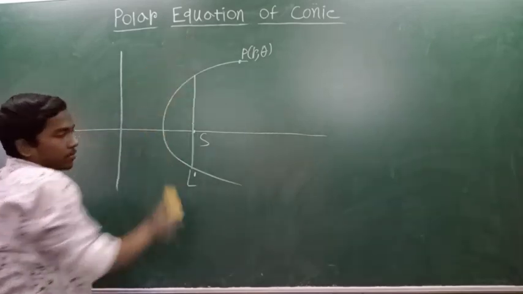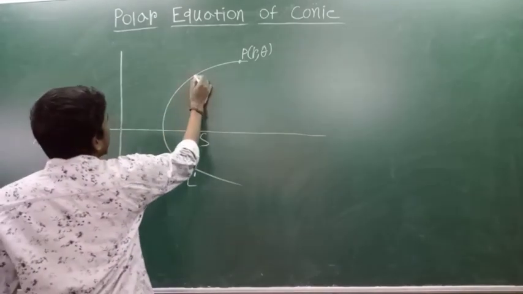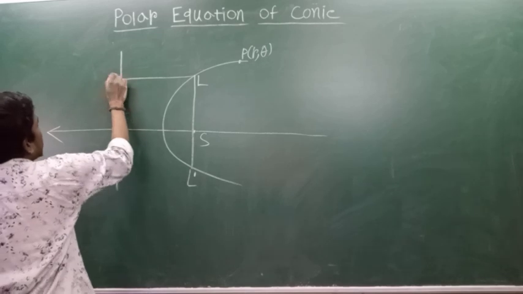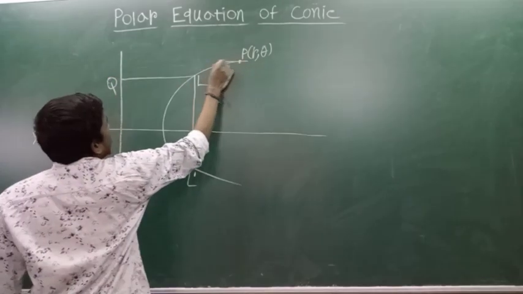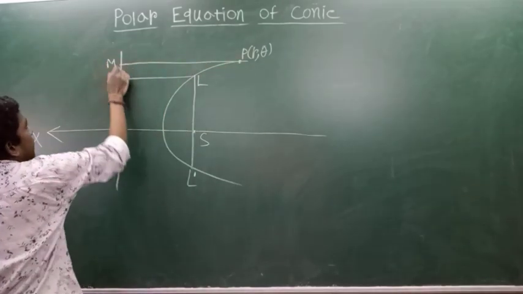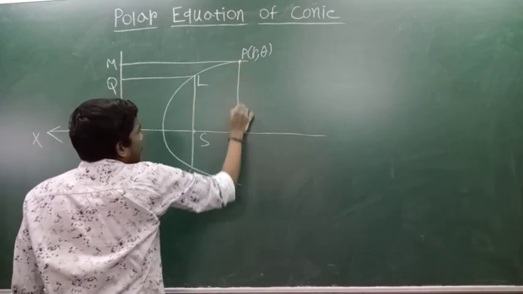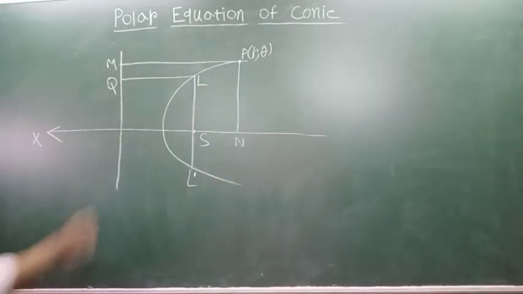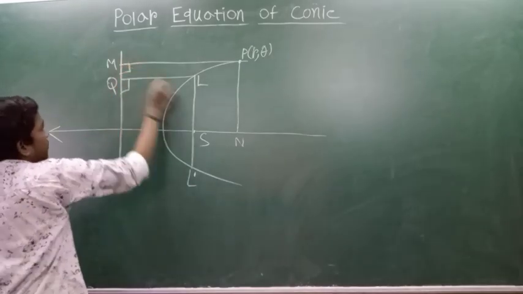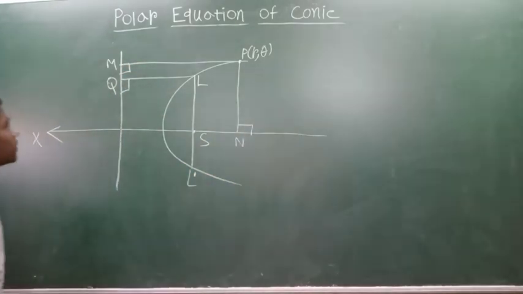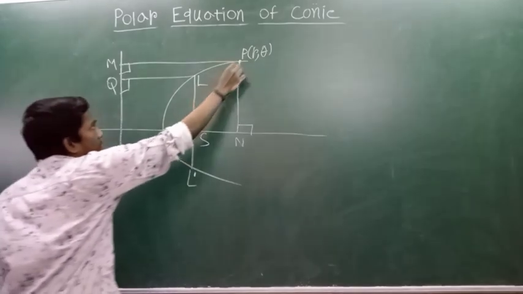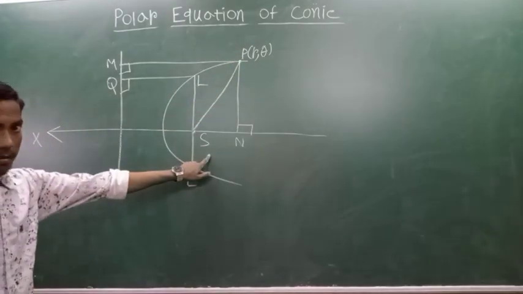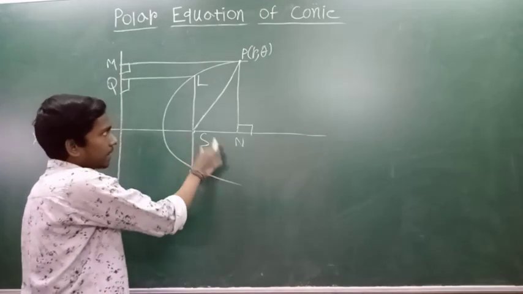So we draw perpendiculars. From L to the directrix, say LQ is perpendicular. Then we draw a perpendicular PT to the directrix and one more perpendicular PN is dropped to the initial line. These are all perpendiculars. Now if we connect point P to the focus S, then S is the pole and the focus also.